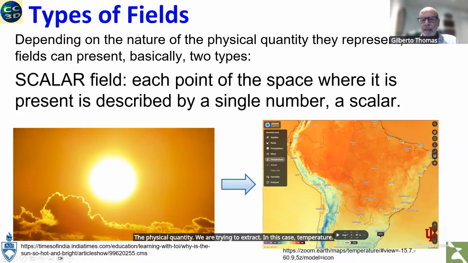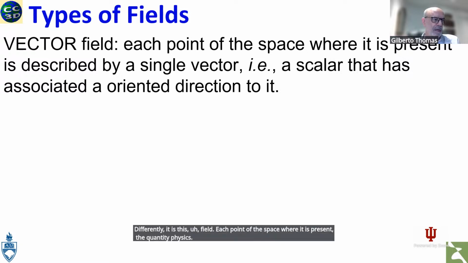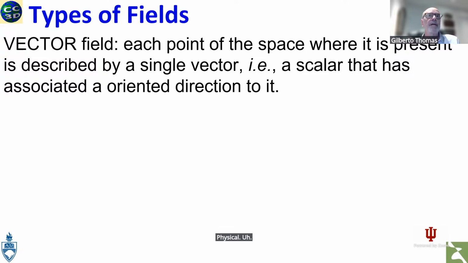The next one is the vector field. Differently, at each point of the space where the physical quantity we are trying to describe is present, a vector needs to be assigned.